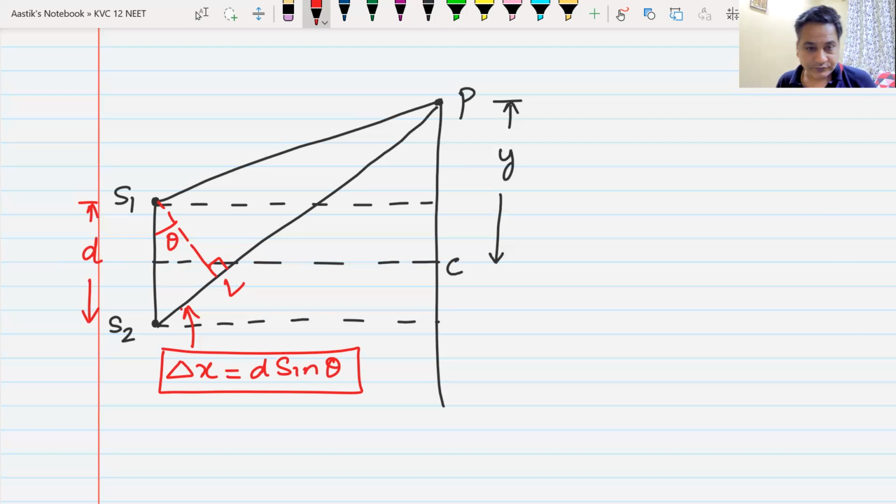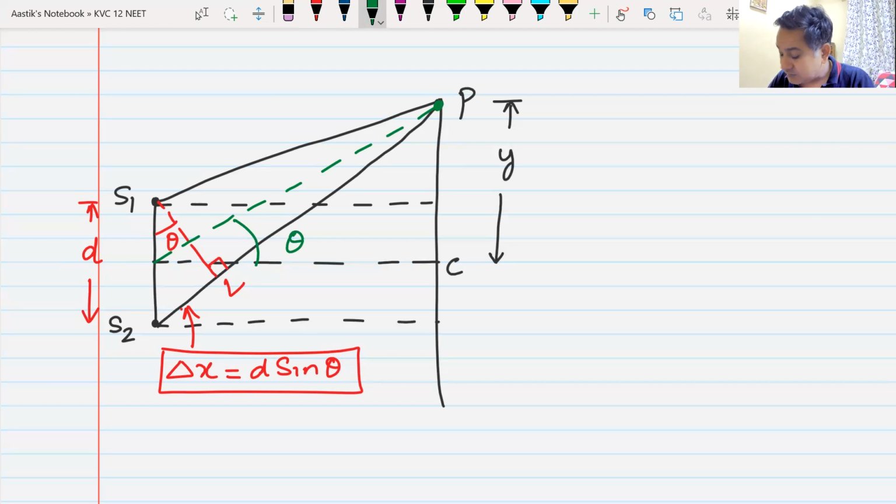Now, this path difference is d sine theta. Again, this entire thing is all about approximation, and I can't help it. Capital D is very large compared to small d. Now I'm going to draw one more line, and I will call this angle also as theta.